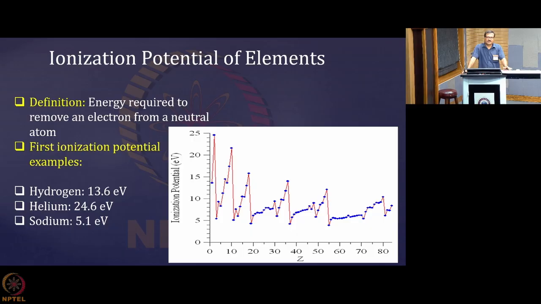So that time the ionization potentials become very high, and the blue dots at the peaks, they all are basically referring to the inert gases. So as you are seeing, helium, then this 10 is neon, argon, krypton, xenon, radon, like that they are moving.